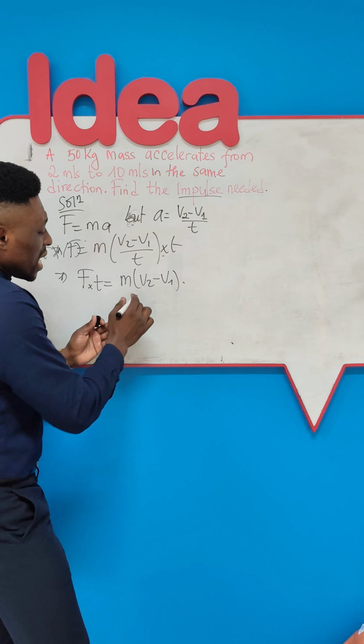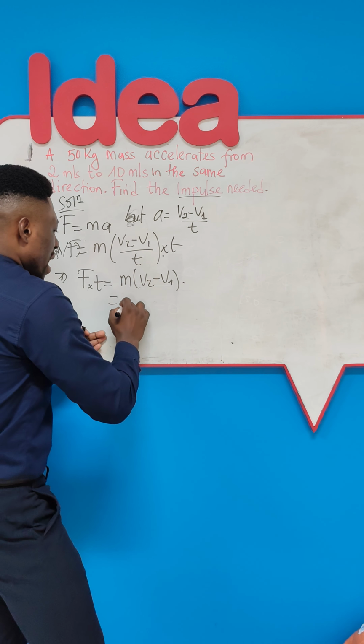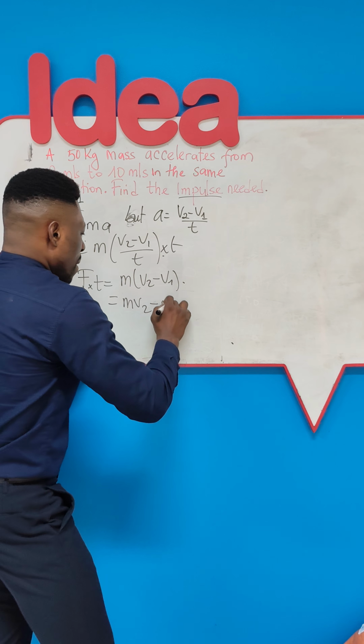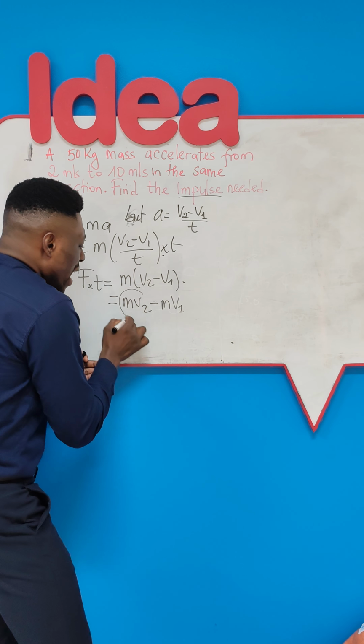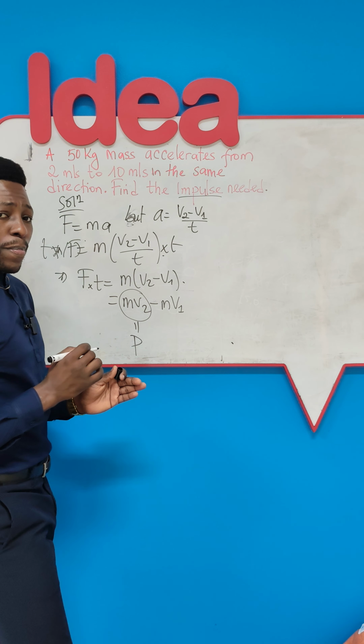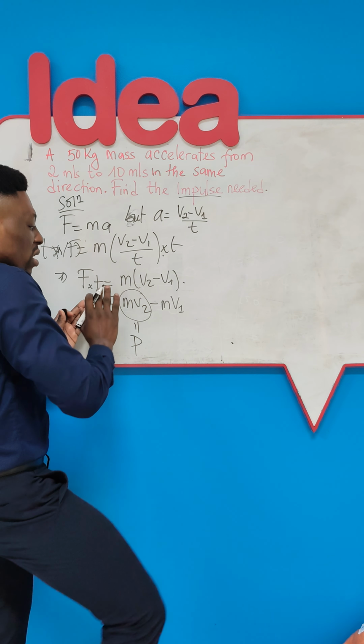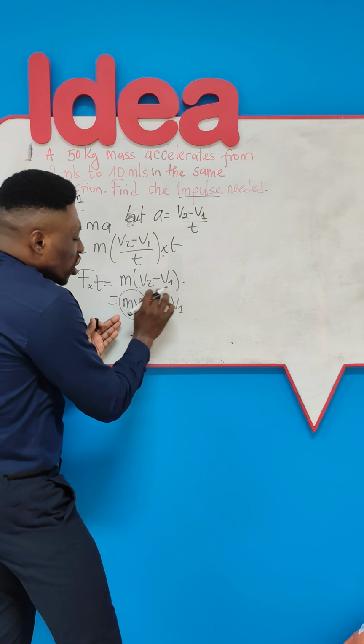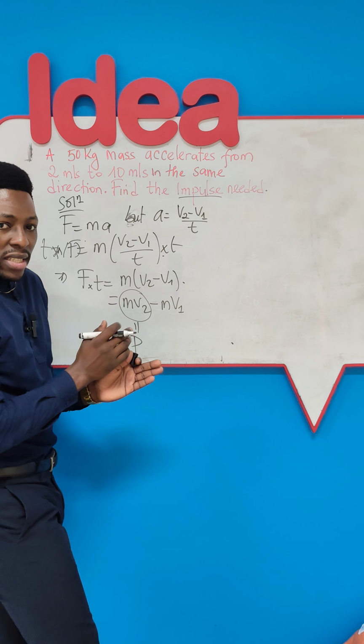If I expand this, you will end up with m v2 minus m v1. What is mv, guys? mv refers to the quantity momentum. In other words, on the right hand side, we have a change in the momentum of the object.